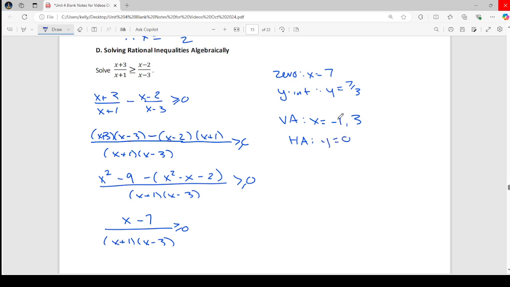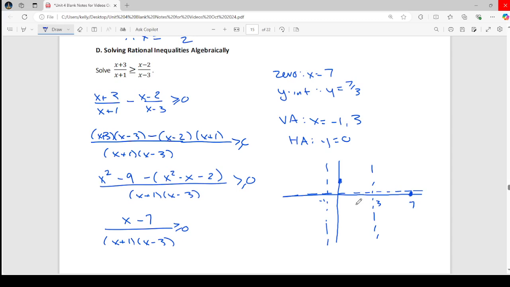So that's going to trend towards 0. Okay, so my VA at negative 1 and 3. HA at 0. A 0 at 7. And a y-intercept at 7/3.